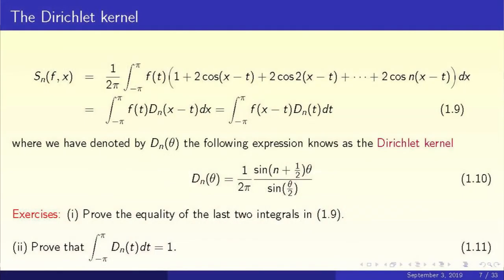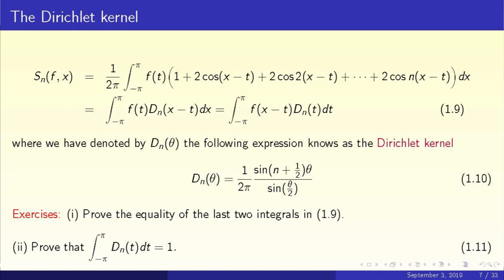So by using the lemma, 1 plus 2 cos (x minus t) plus 2 cos twice (x minus t) plus etc. This expression in the parenthesis has been written as dn of x minus t. What is dn theta? Dn theta is 1 plus 2 cos theta plus 2 cos 2 theta plus dot dot dot plus 2 cos n theta, which you see as formula 1.10.